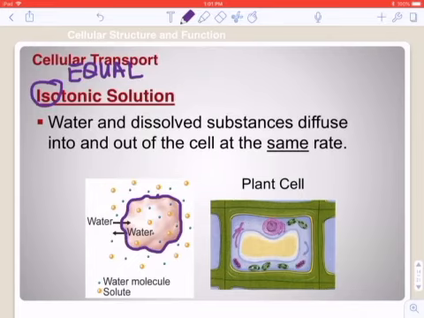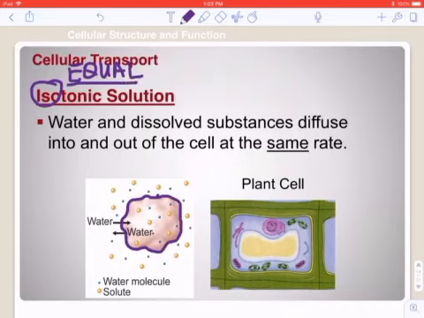And if you look at the water molecules, which are pictured in these little blue dots, and the solute molecules, which are the slightly larger orangish yellow dots, their concentrations are pretty much the same both inside the cell and inside the solution. So that means that since we have equal concentrations, this is where the word equal comes into play.